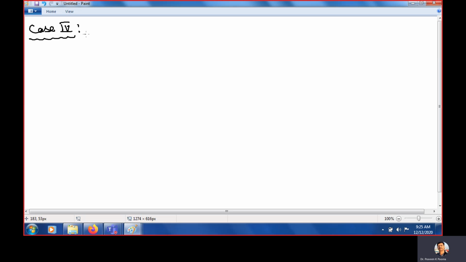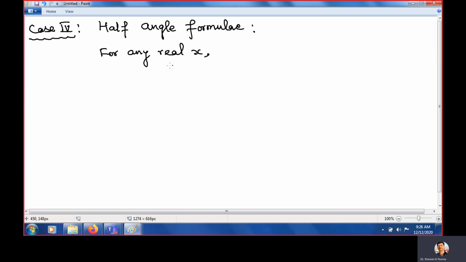Case 4 is the half angle formula. Clear? Half angle formula means for any real x, sine x by 2 is equal to plus minus square root of 1 minus cos x upon 2.